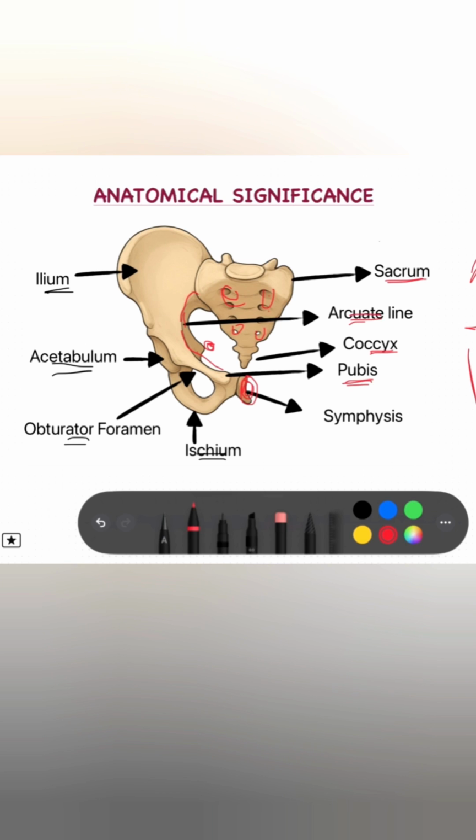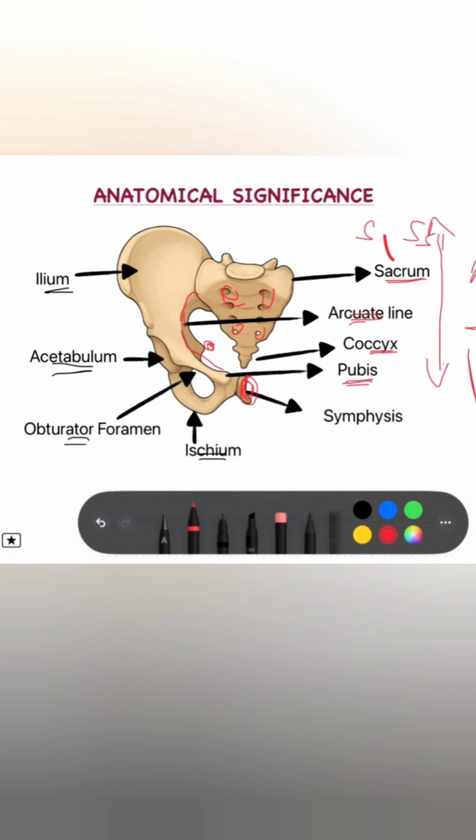Next, we are going to the neurological significance. It houses the sacral nerve roots, that is S1 to S5, because it's still part of the vertebral column. If you look at this entire region, you'll find that S1 to S5 will be there.